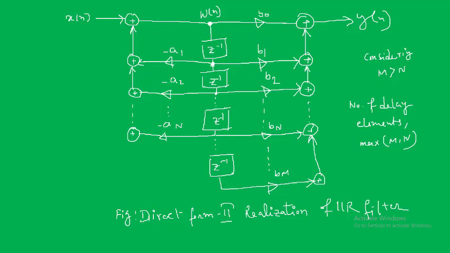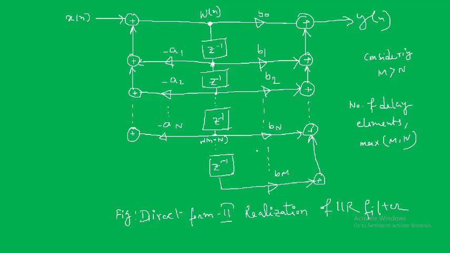Similarly this output we can utilize, and this will go on up to n. At this point we are getting w of n minus n, and we take that at the input side. But we cannot stop here because we need to have up to m values. So m number of z inverse, that is, delay elements, we require.